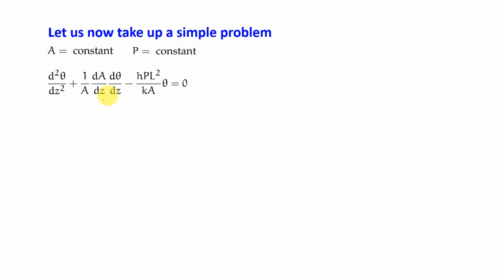So now that I have this equation, I take an assumption that A equals constant and P equals constant; because A is constant, P will also be constant. We are simply assuming that the cross-sectional area will not change.